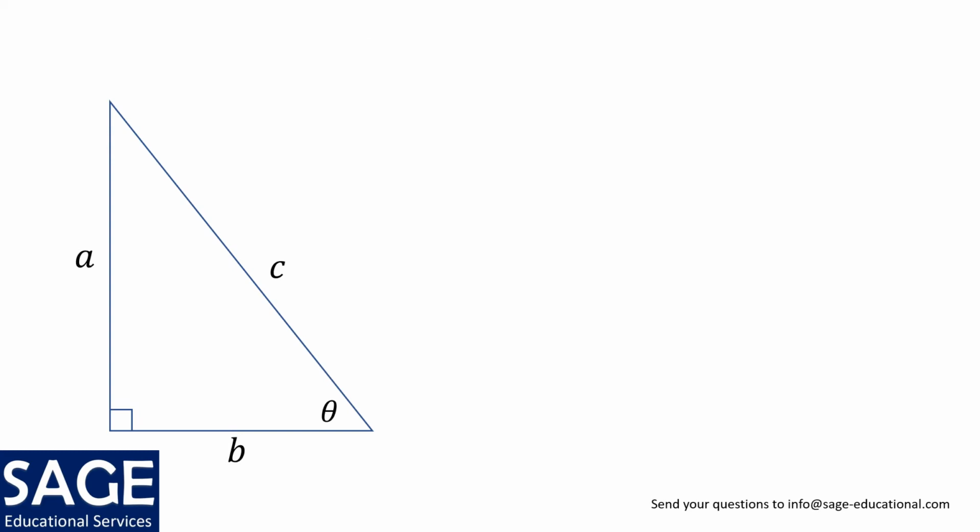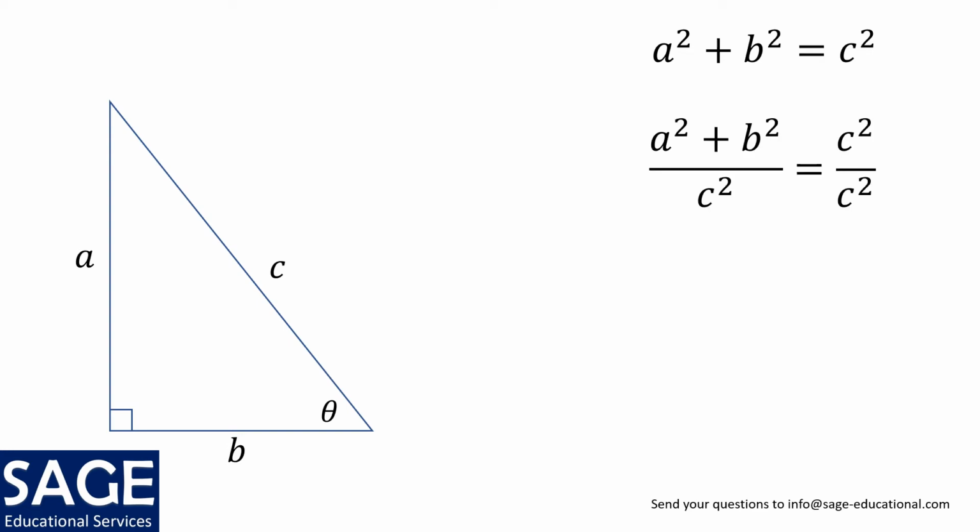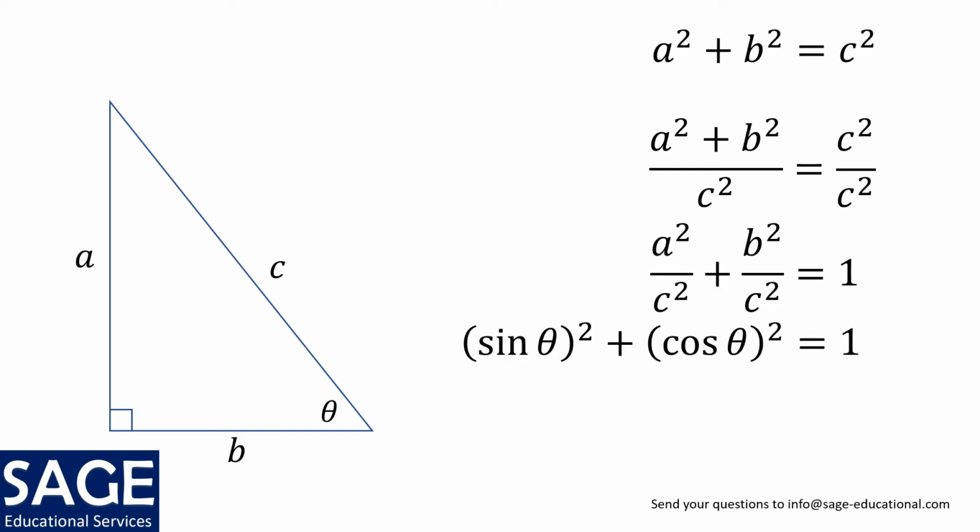Let's go back to the Pythagorean theorem, and let's start with a squared plus b squared equals c squared. To start off, I will divide both sides of this equation by c squared, and that gives me a squared over c squared plus b squared over c squared equals 1. Now a over c was sine of theta, so a squared over c squared would be sine of theta squared. b over c was cosine of theta, so b squared over c squared would be cosine of theta squared.